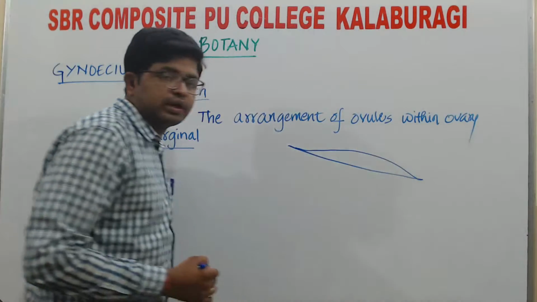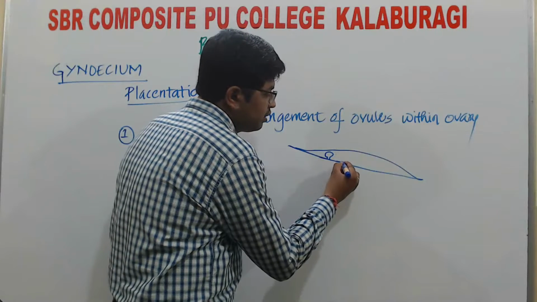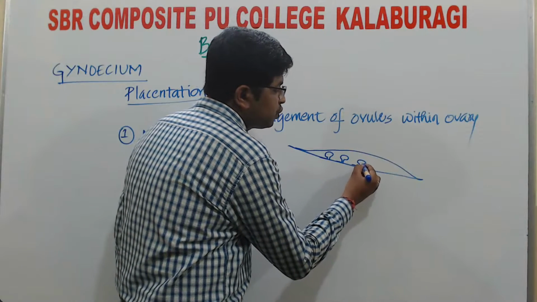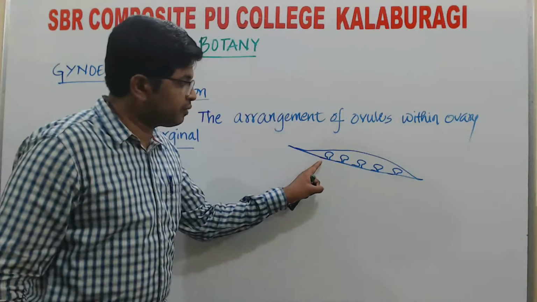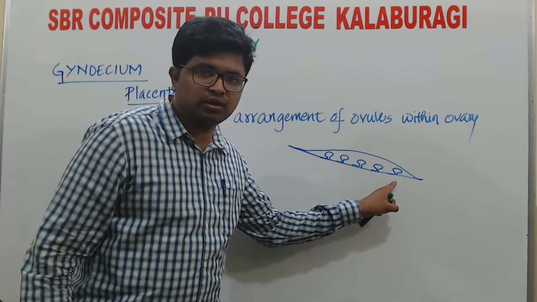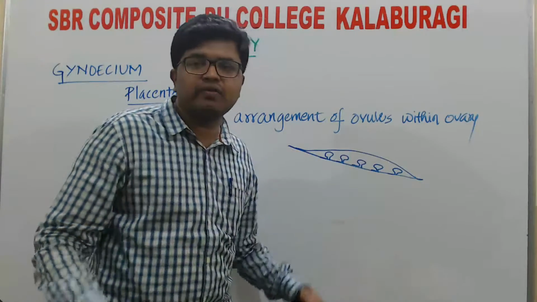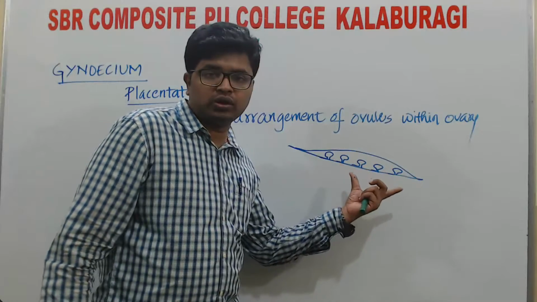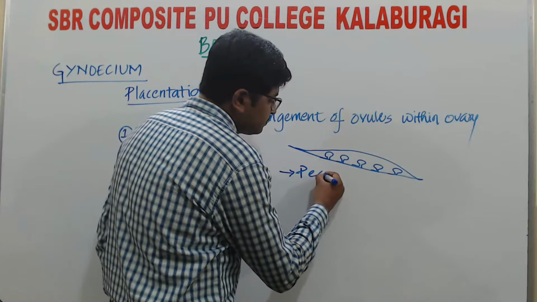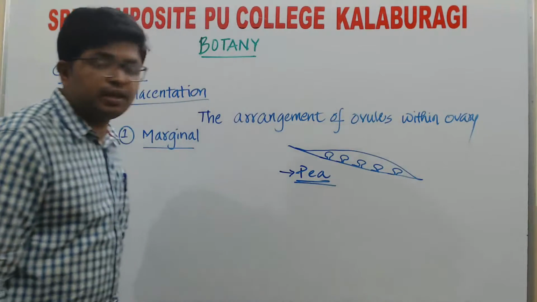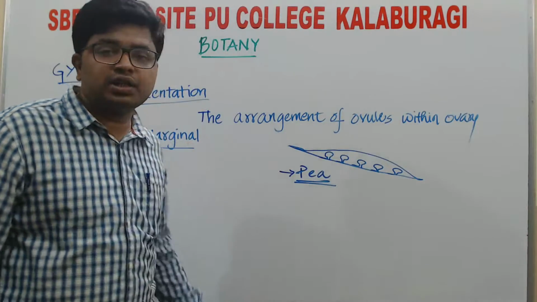On this ridge, you will find the ovules in two rows. The ovary is forming a ridge on which you will find two rows of ovules. Generally, this type of placentation you observe in pea. So this is the marginal placentation.